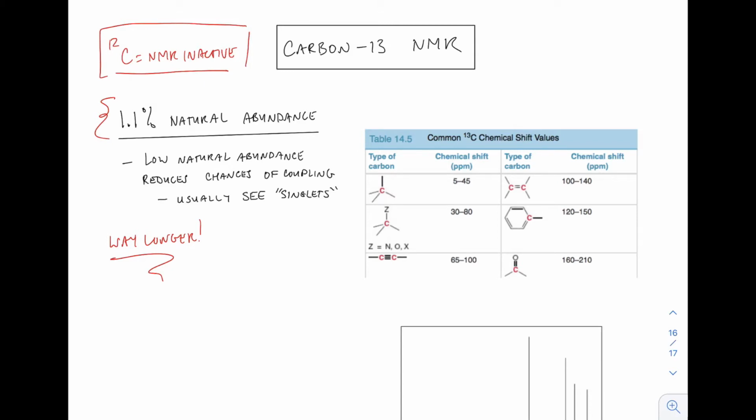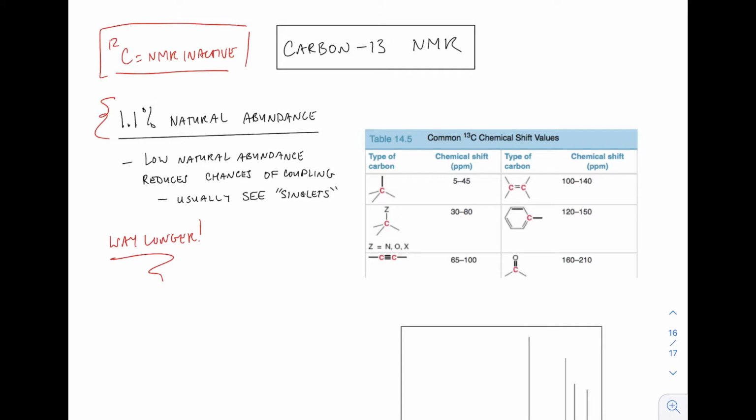So we still use the radio waves, the magnets, and we have the magnetic fields of the carbon atoms being oriented with or against, reinforcing or opposing the applied magnetic field, and that can result in a variety of chemical shifts for those carbon atoms.